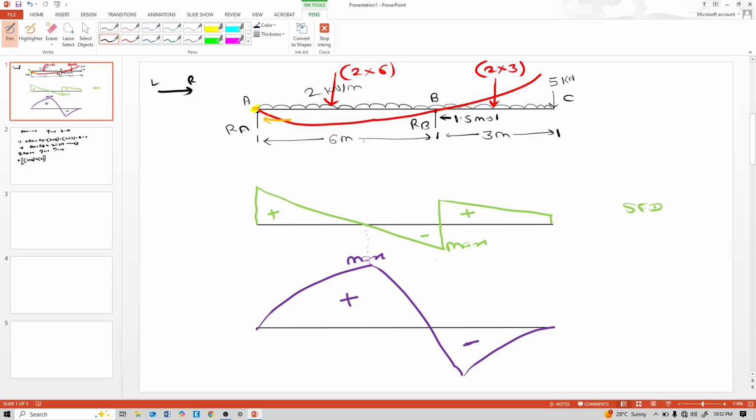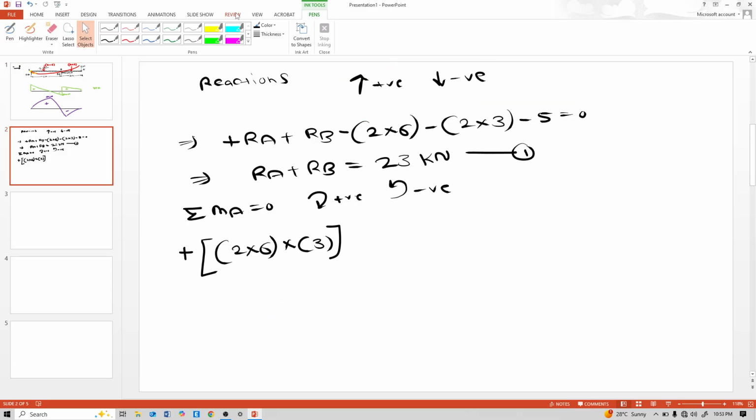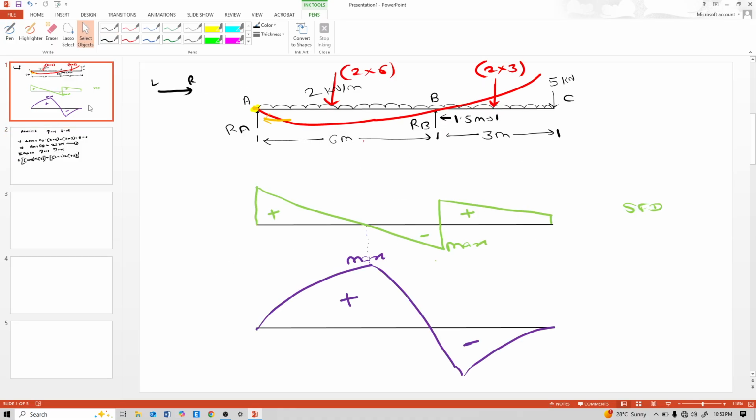So 6 plus 1.5, 7.5. So clockwise, that means positive 2 into 3 into 7.5 meter. Again at point C, load is clockwise to that point A, so positive 5 into total distance 9.